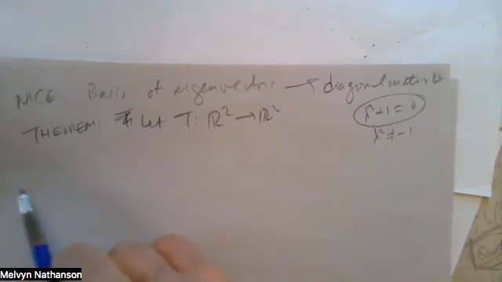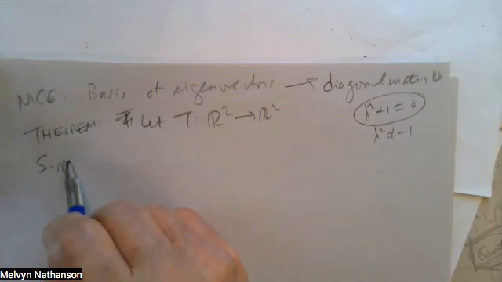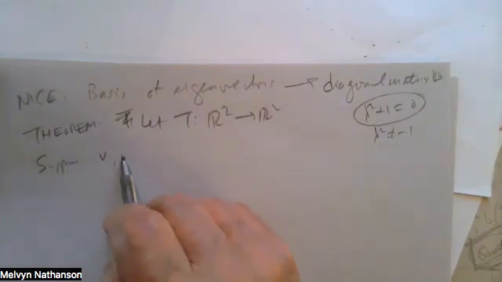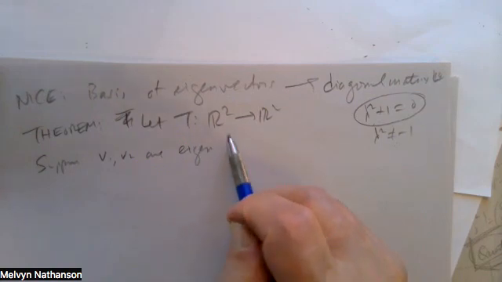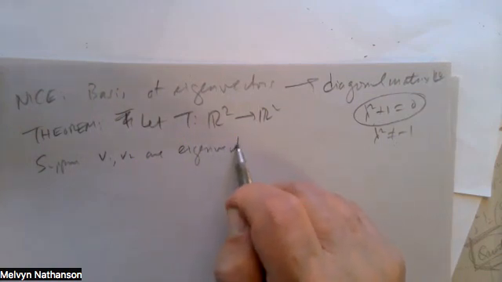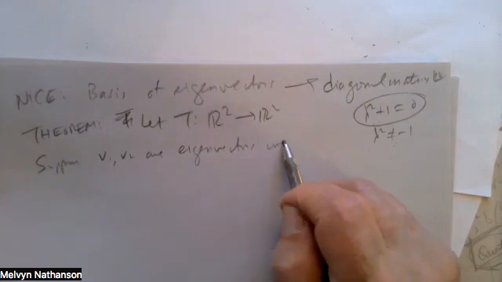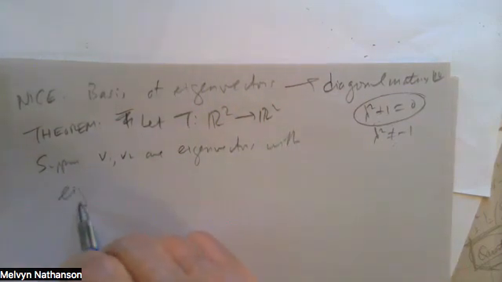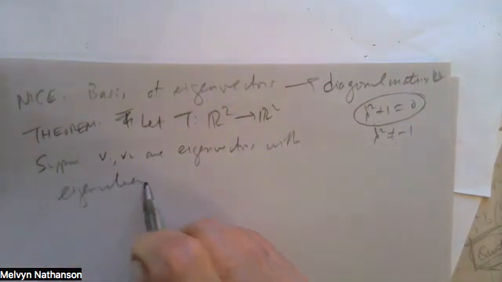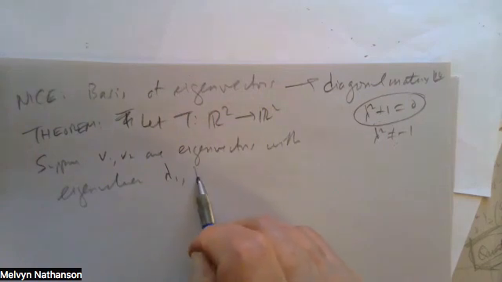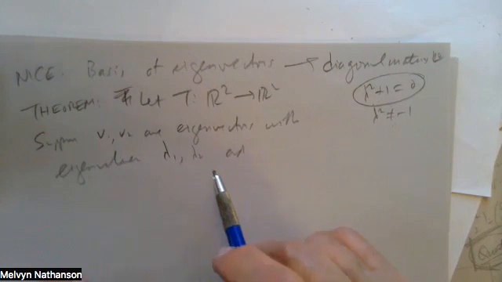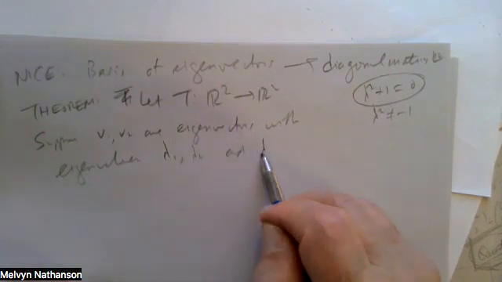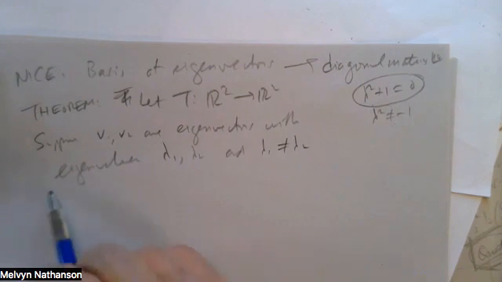But suppose V1, V2 are eigenvectors. Suppose this linear operator does have two eigenvectors with eigenvalues lambda 1 and lambda 2. You could have two eigenvectors that have the same eigenvalue, but suppose these have different eigenvalues.